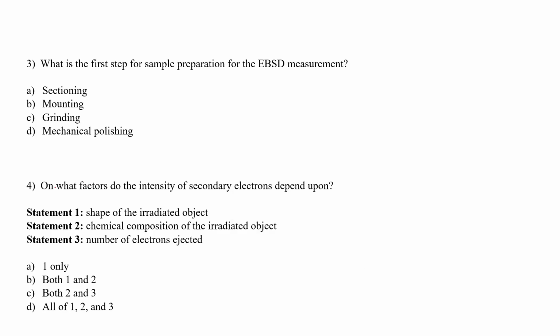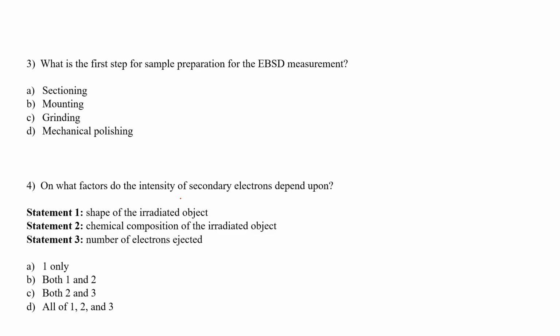The fourth question says, on what factors does the intensity of secondary electrons depend? The first statement says the shape of the irradiated object. Statement 2 says the chemical composition of the irradiated object. And statement 3 says the number of electrons ejected.